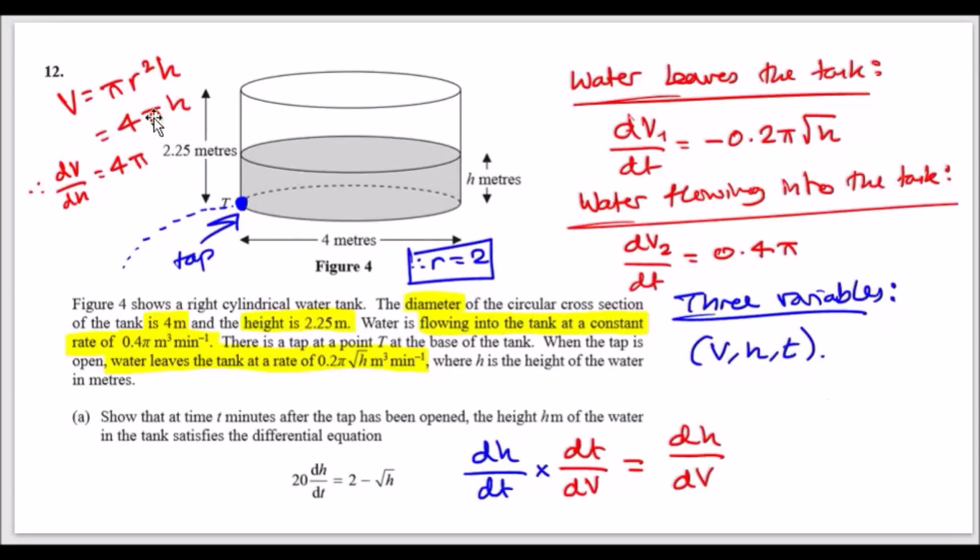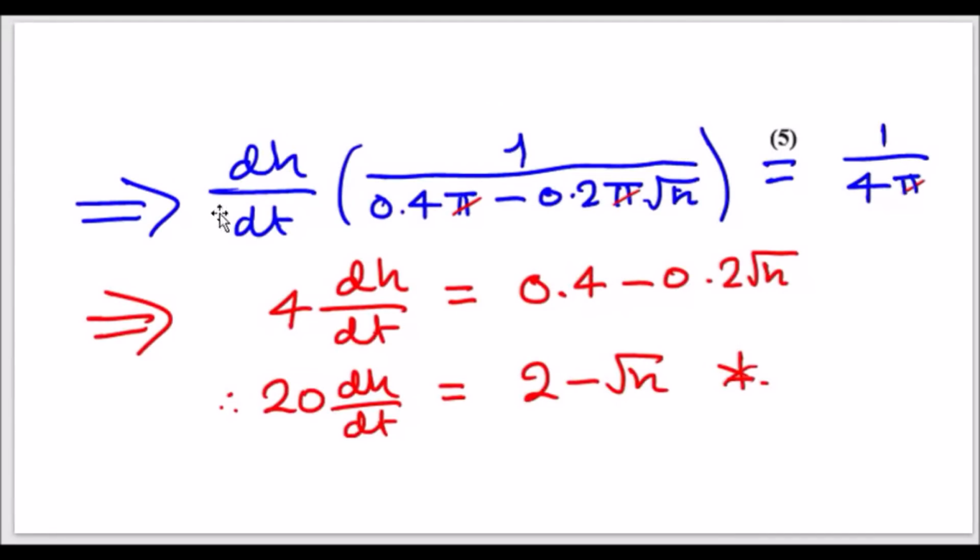Then differentiating this with respect to h, it'll be dv over dh. h disappears, you're left with 4 pi, and that's it. Now you plug in 4 pi here. Again, just like this one, this is upside down, so dh over dv is the reciprocal of this. So it's 1 over 4 pi. So that's it. We've got 1 over the sum of these two terms, and 1 over 4 pi. So it should look a bit like this.